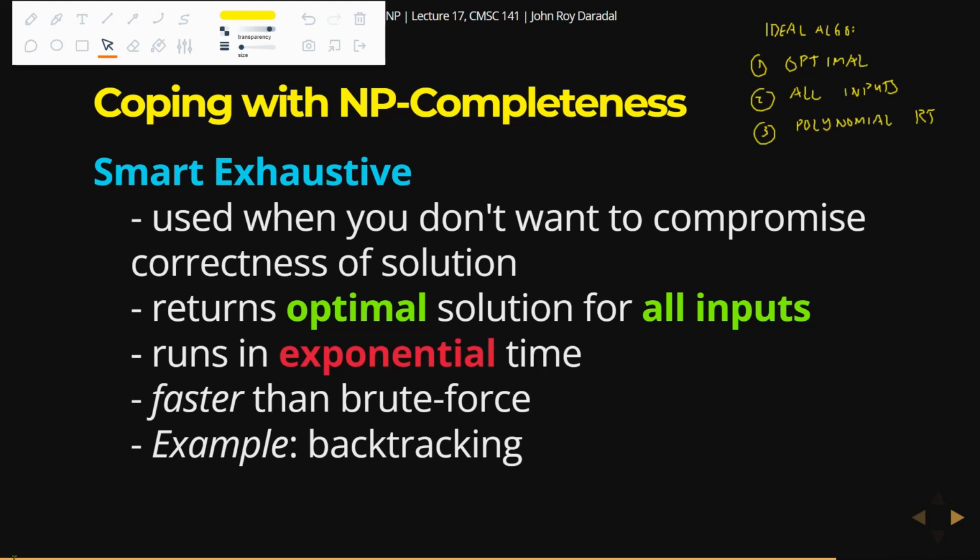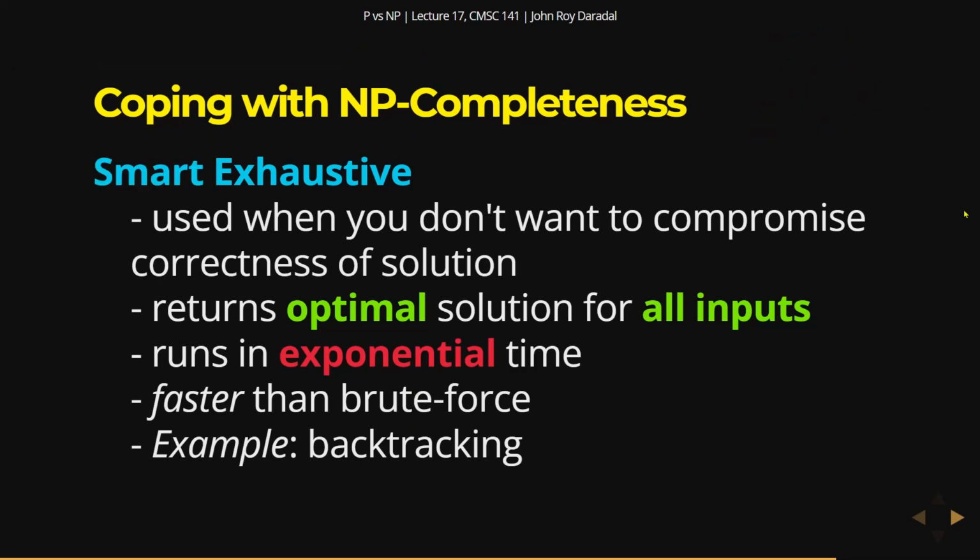So you are being smart. Although you are being exhaustive, meaning you're looking at everything, you are also being smart about it. You can give up right away if that solution looks like it will not lead to anything. So that is smart exhaustive. It's better than brute force, but it still runs in exponential time. So that is how you cope with NP completeness.